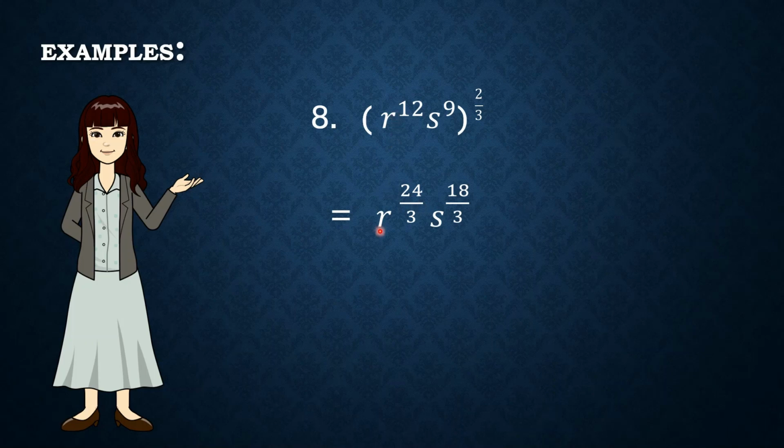So write r, then 12 times 2 is 24 over 3. Then copy s. 9 times 2 is 18 over 3. Then let us get the lowest terms. 24 over 3 is 8, and 18 over 3 is 6. So our final answer is r raised to 8, s raised to 6.